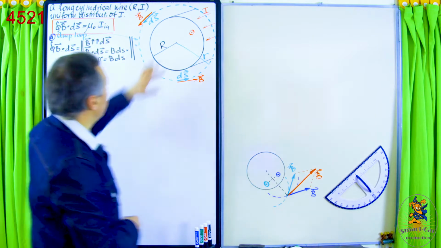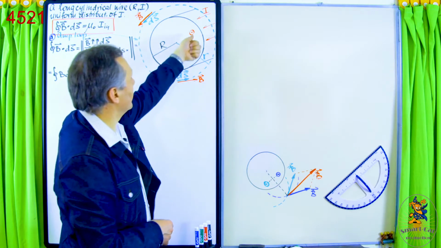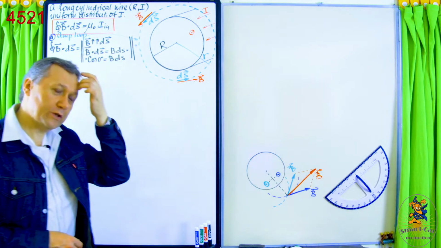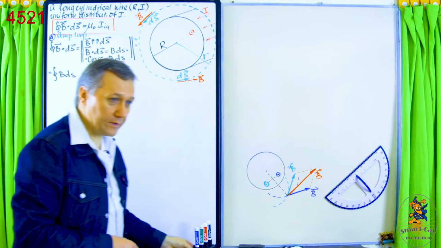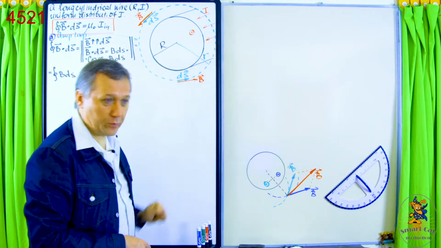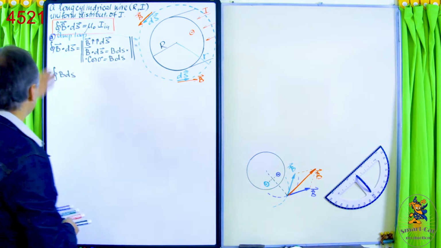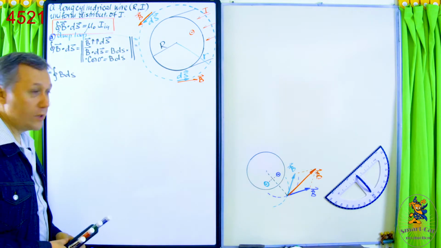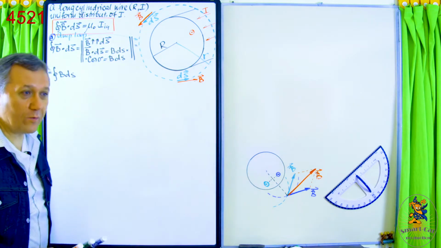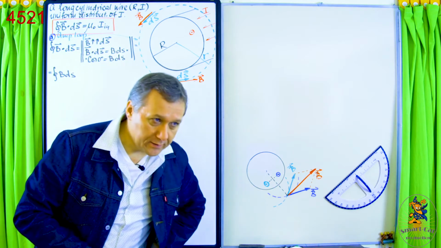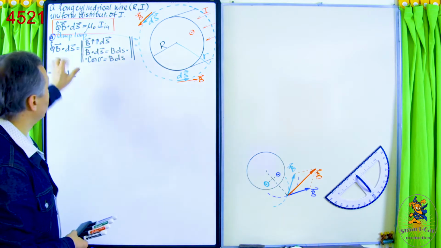Current flows this way, and if you look at the cross section of the wire, the current is out of the board. So we started applying Ampere's law, first taking care of this linear integral, B dot ds.